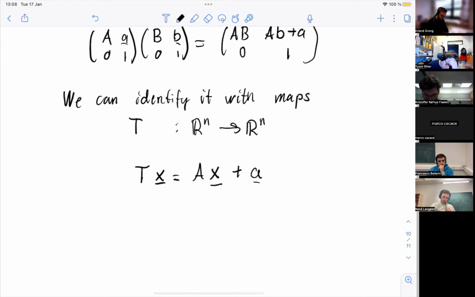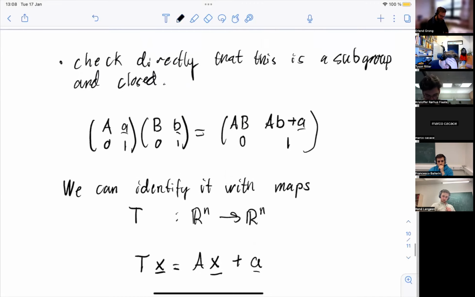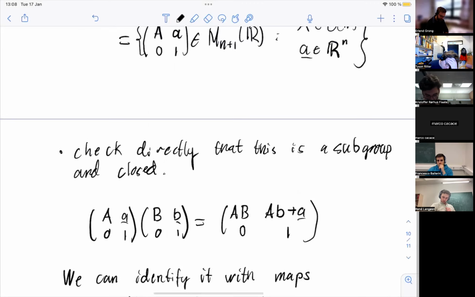I should probably have underlined these to be consistent.